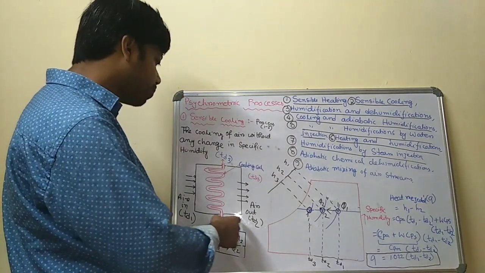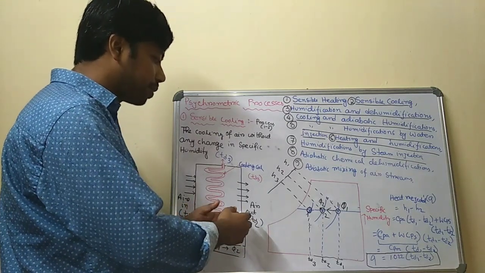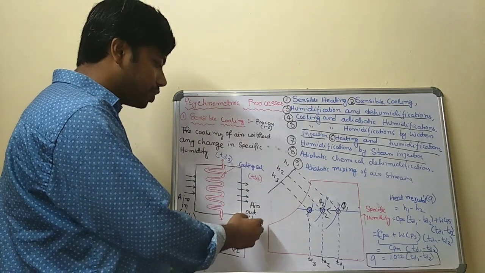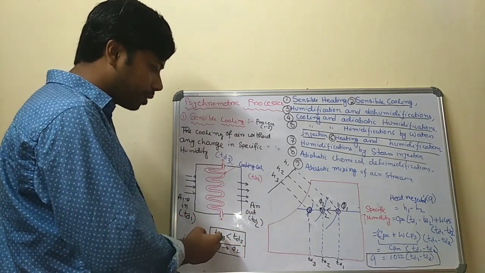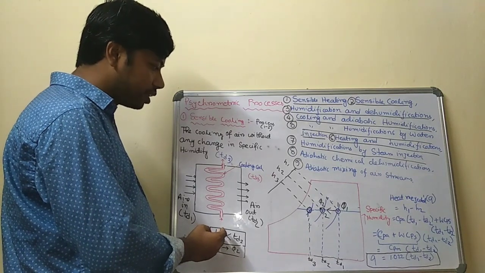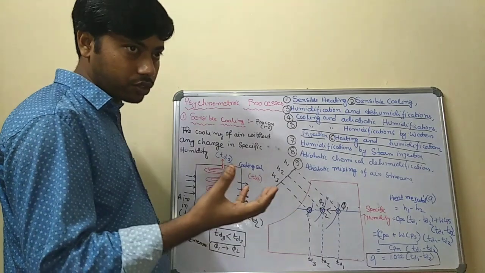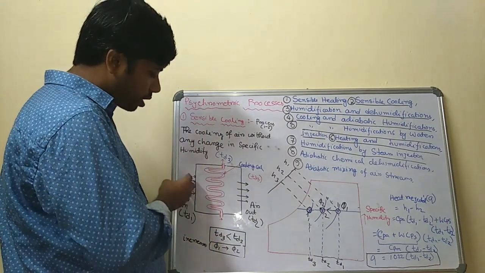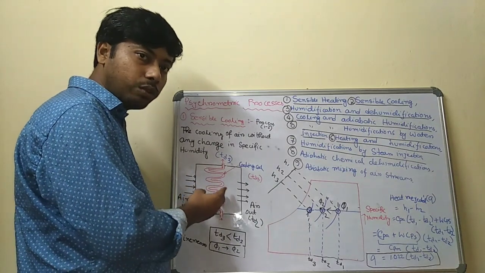Now between TD2 and TD3, the exit temperature of the air, TD2, will be greater than TD3. This is because of the bypass factor, because some amount of air directly contacts the cooling coil.